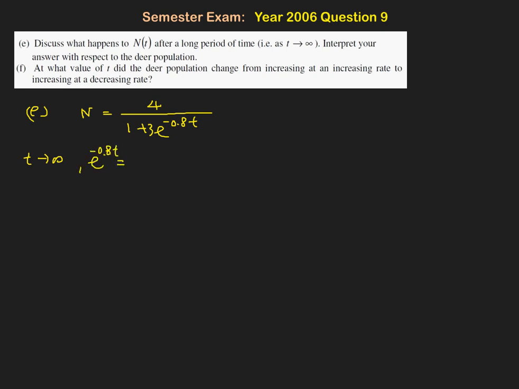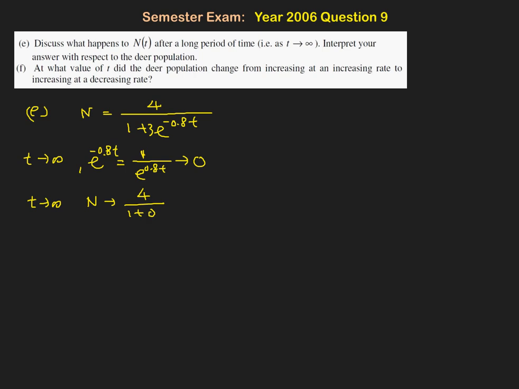So when you write it like this, this is going to tend to 1 divided by a really big value. It tends to 0. So as time tends to infinity, N tends to 4 over 1 plus 0, equal to 4.